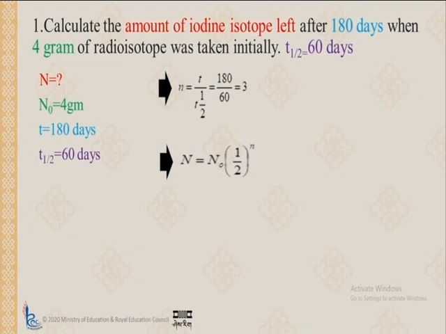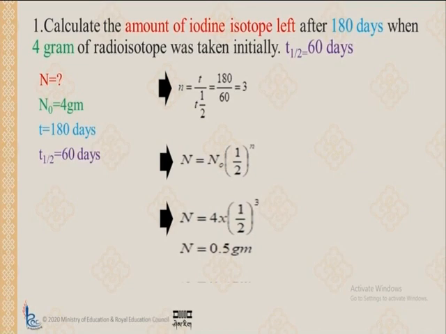Now, we will substitute in this formula. N naught is 4 and n becomes 3. So, what will be the answer? N is equal to 0.5 gram. That means this much amount is left after the disintegration.